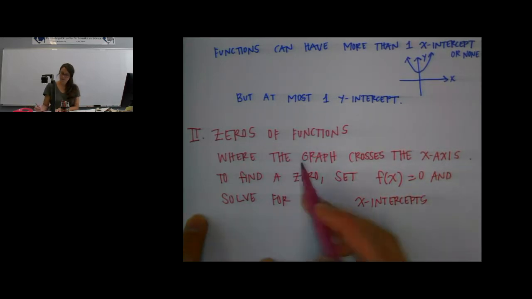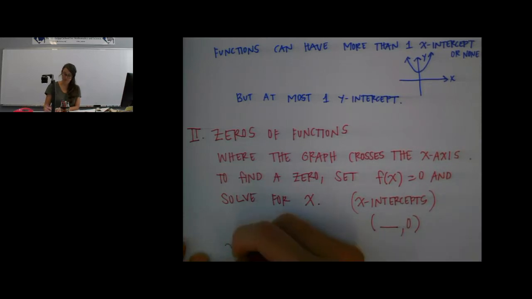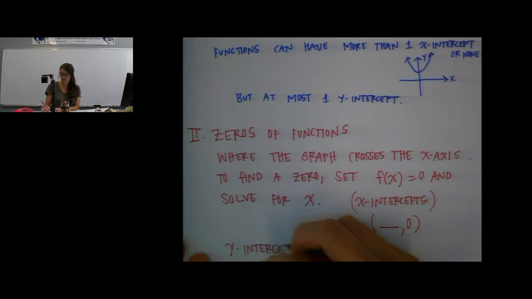So to find the x-intercept, you are letting y equal 0. To find the y-intercept, you will evaluate the function at 0.